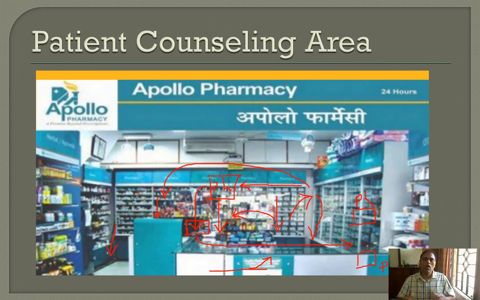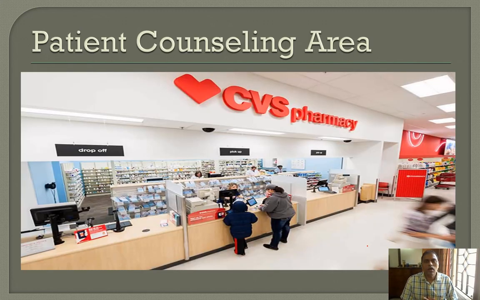So this is how it is supposed to be, and this is how it is in Western countries, in the US and other European countries. Here is the setting of a pharmacy in the US.